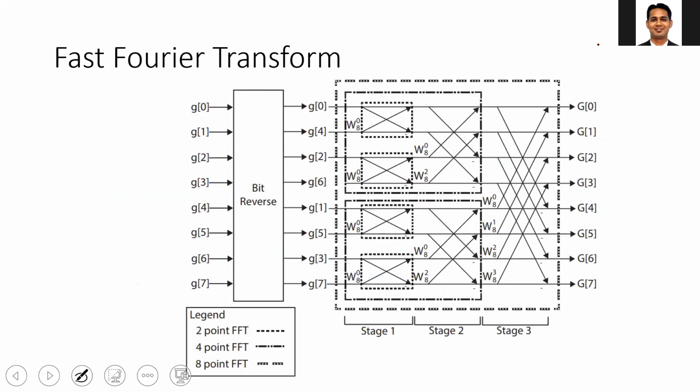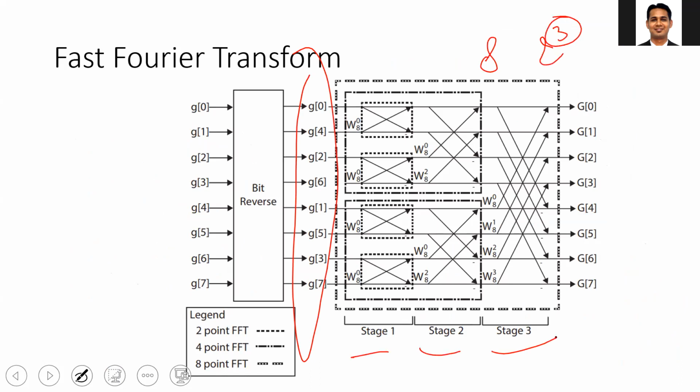In case of the 8-point FFT, the input needs to be given in the proper order. For the 8-point FFT, you have 3 stages, 2 to the power 3: stage 1, stage 2, stage 3.